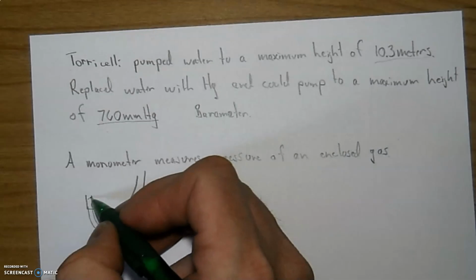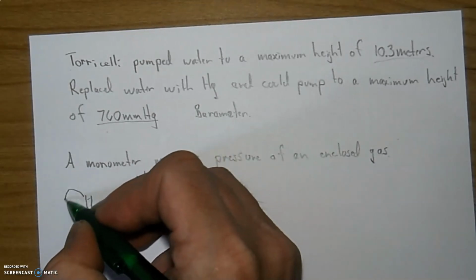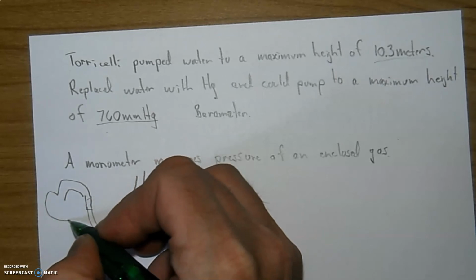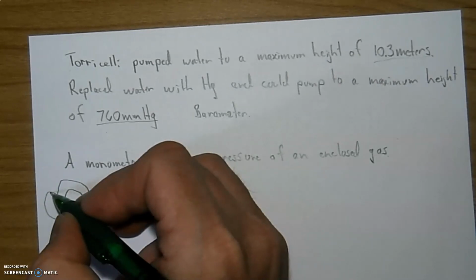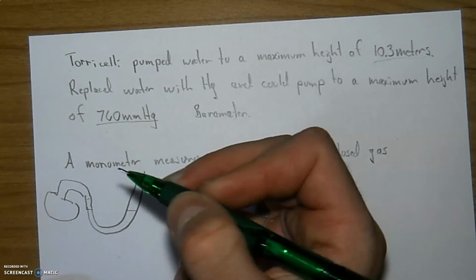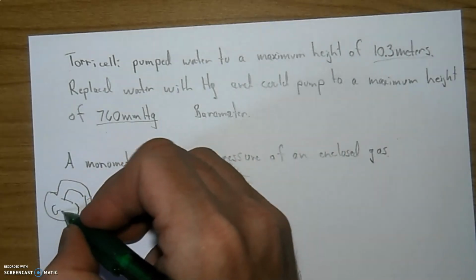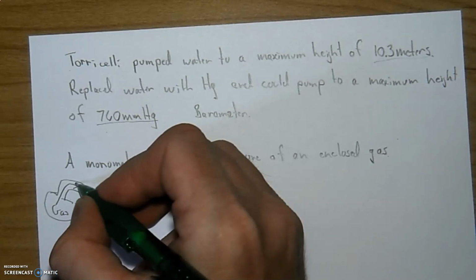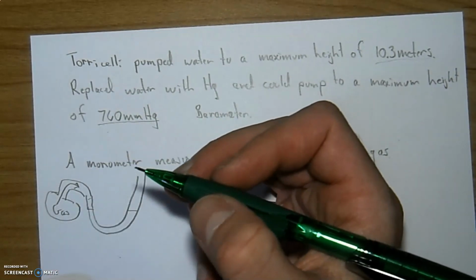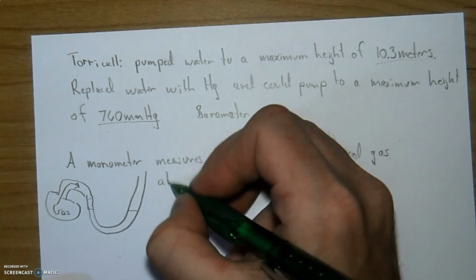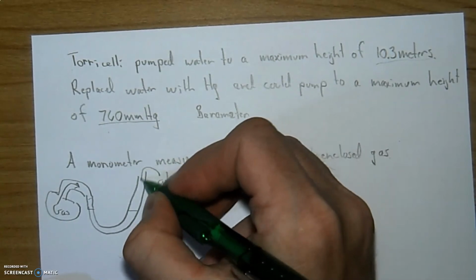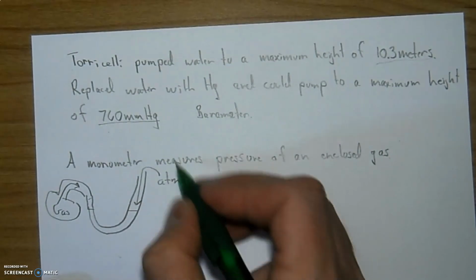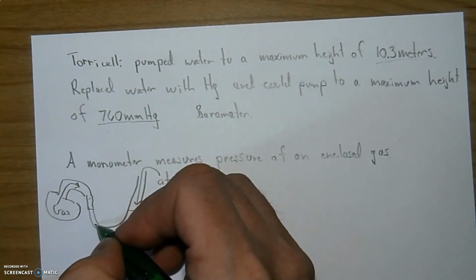And if I have an enclosed gas over here, so let's just kind of make a little container. This is supposed to be like a sphere. Doesn't really look like it. So you've got a gas sitting in here and it's pushing pressure out. Say I had a reaction go on and it's pushing pressure out. And I've got atmospheric pressure pushing down over here. So there's like a battle going on. The atmosphere pushing here and the gas is pushing here.